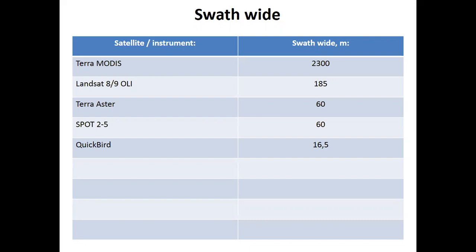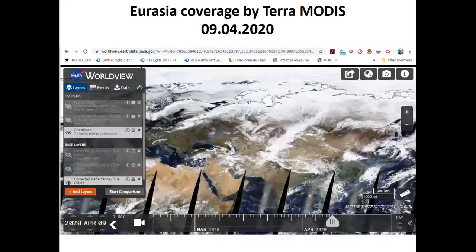They could only shoot a very narrow stripe at once, usually by open request. And of course, it does affect the area each particular satellite could cover during a certain time period.